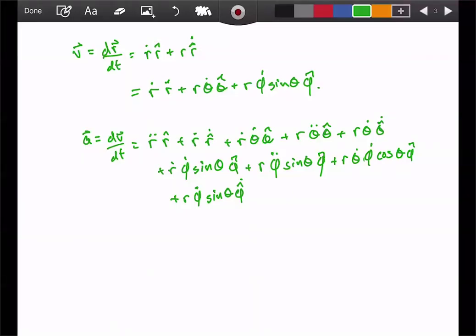Okay, so finally, putting in all of our unit vector derivatives and combining terms together, we're going to get the following.